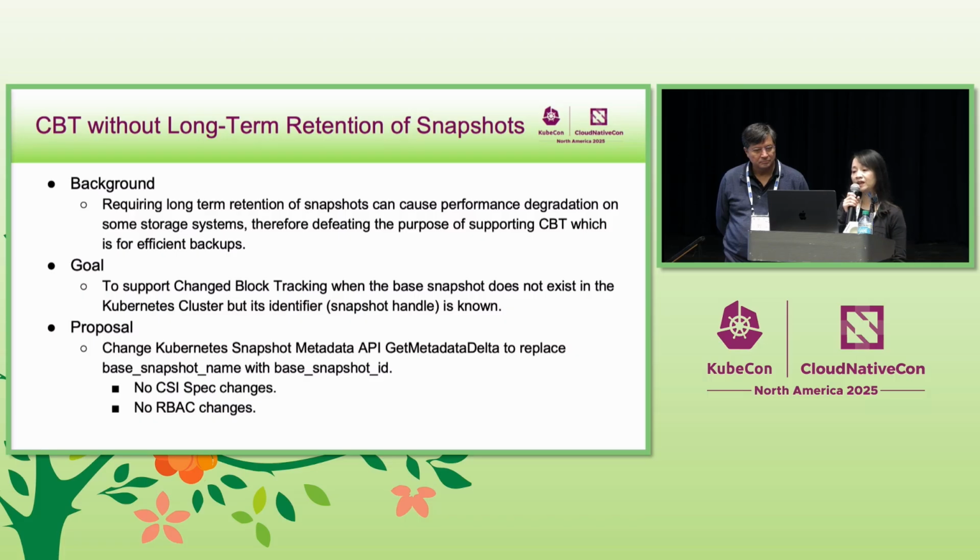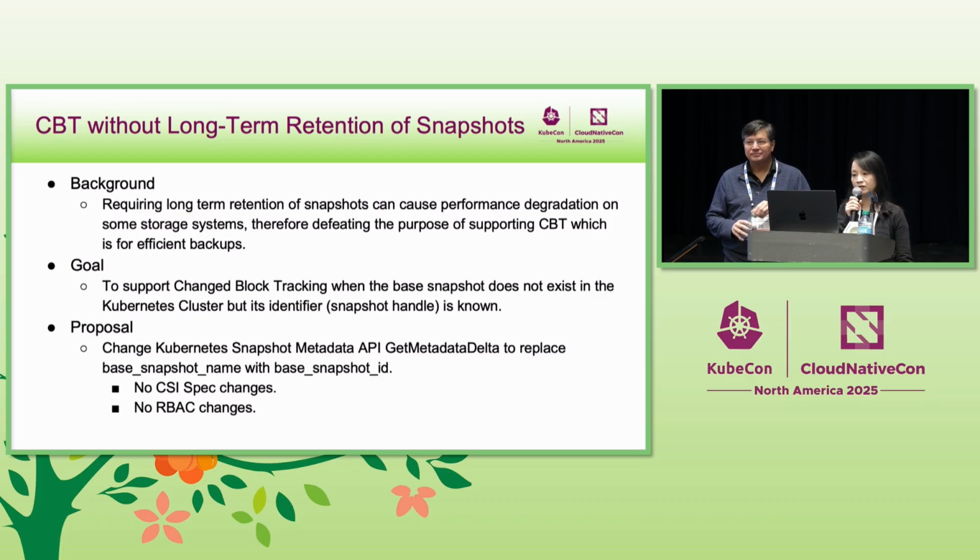We recently made a change in the get metadata delta API. Originally, this API requires the names of 2 volume snapshots. That means the base snapshot may need to be retained for a long time. Requiring long-term retention of snapshot can cause performance degradation on some storage systems.